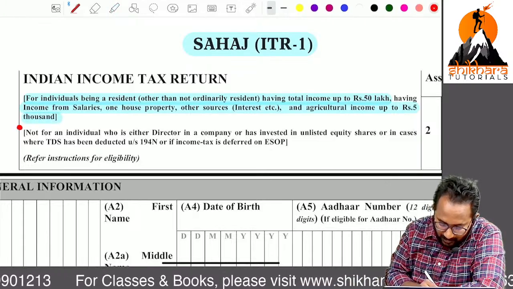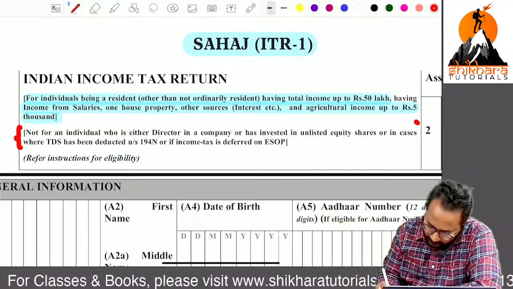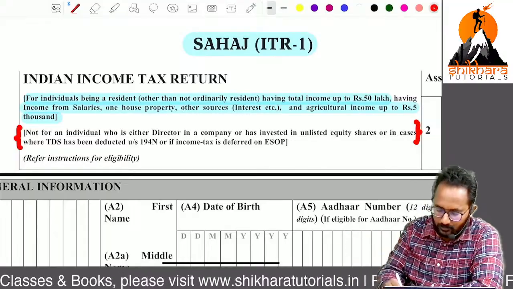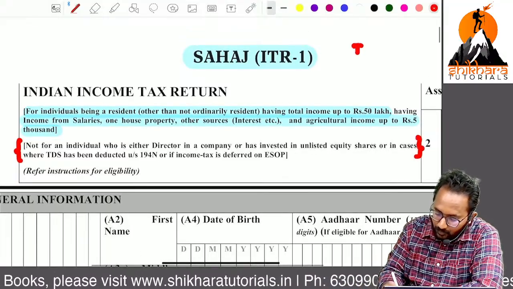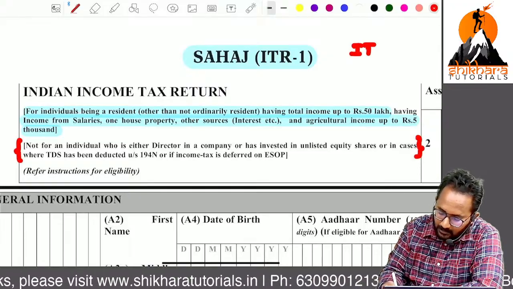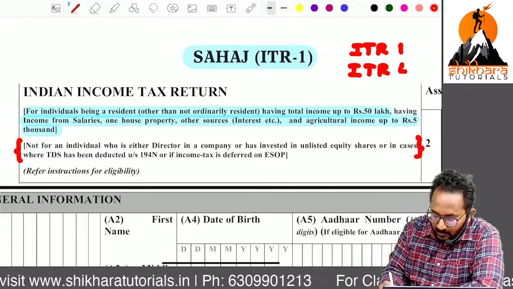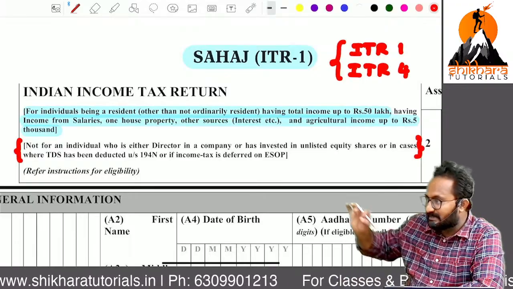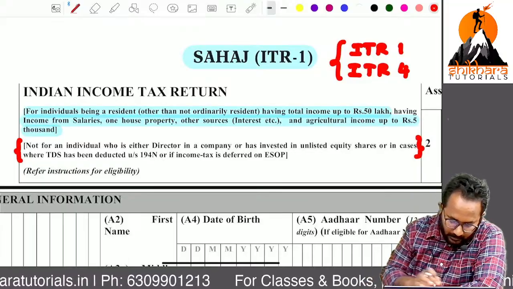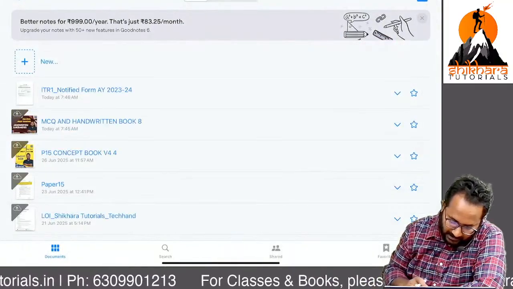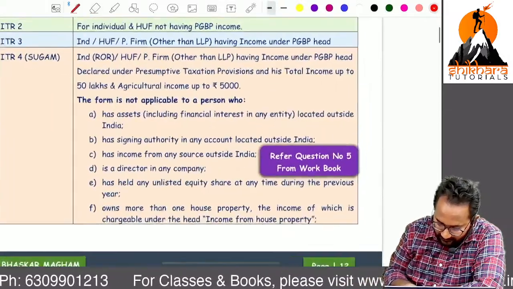And they have given some negative list also. In the concept book, I will tell you, ITR 1 and ITR 4, yes, ma'am? ITR 1 and ITR 4 cannot be filed by some specific persons.